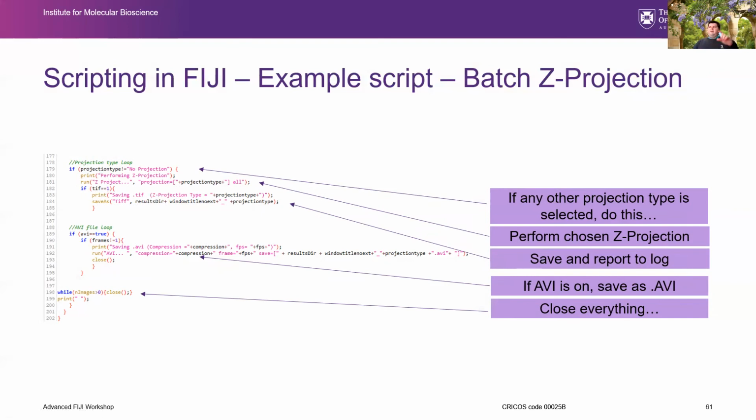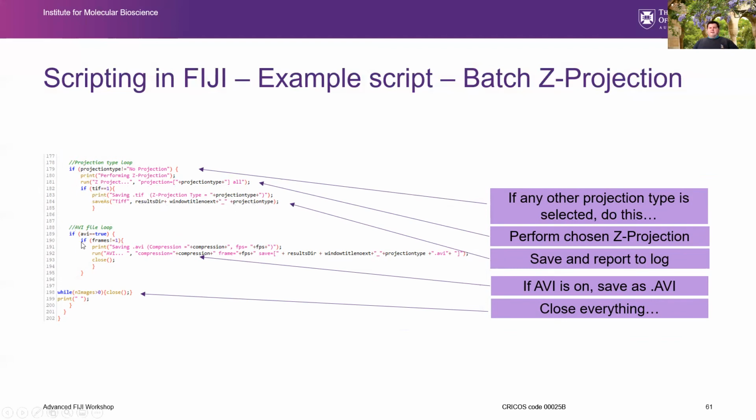Now, conveniently, those variables that are chosen there are the exact same parts of the command options for this run Z project. If TIFF was turned on, then it will run that same little block of code, saving TIFF, and saves it as a TIFF.